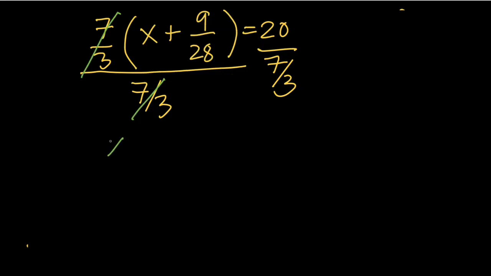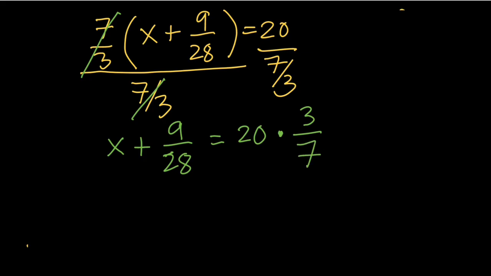Then we're left with x plus 9 over 28 equals 20 over 7/3. We flip and we change the operator sign. So this would become 20 times 3 over 7. Right? So x plus 9 over 28 equals, what is 20 times 3?